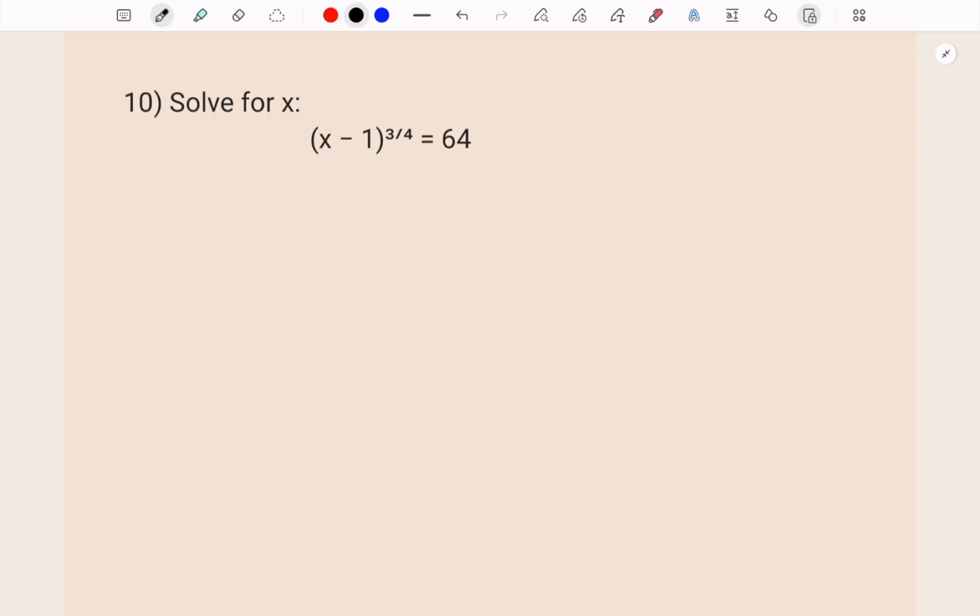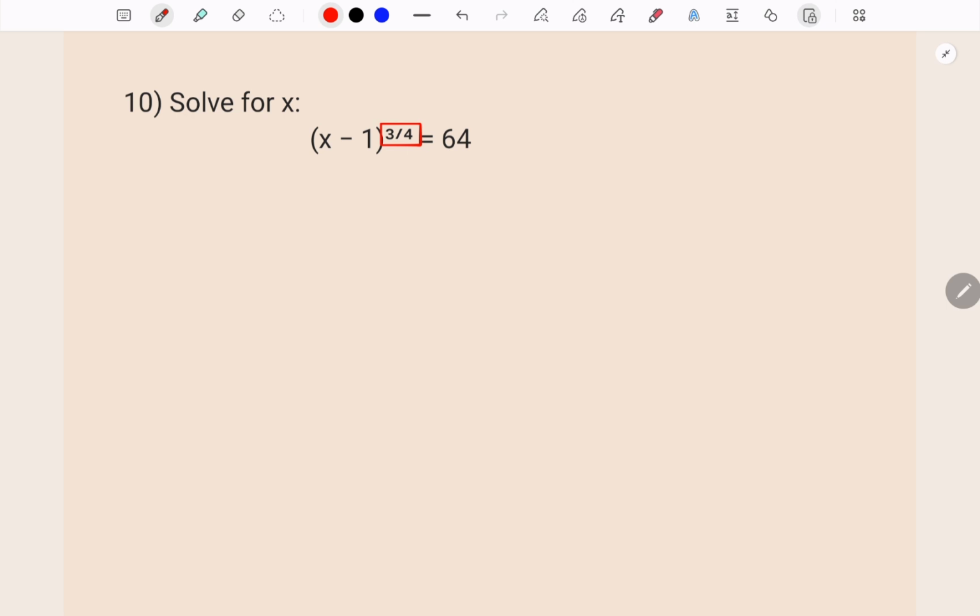Let's move to the next question now. Here we have x minus 1 all raised to the power of 3 over 4 equals 64. If you have already tried to solve this question, I think you will agree that the biggest hurdle in solving this equation is this fractional power of 3 over 4, right?